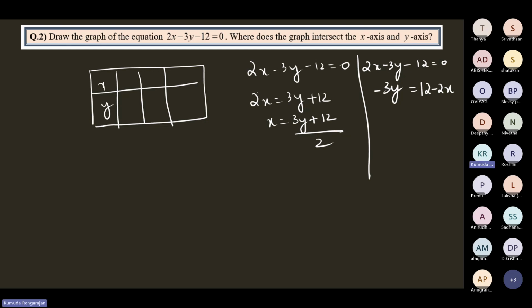So it will be 3y is equal to, write minus 2x as plus 2x, write plus 12 as minus 12. Since it's minus 3y, change the signs throughout: minus 3y as plus 3y, minus 2x as plus 2x, plus 12 as minus 12. And you have y is equal to 2x minus 12 divided by 3.